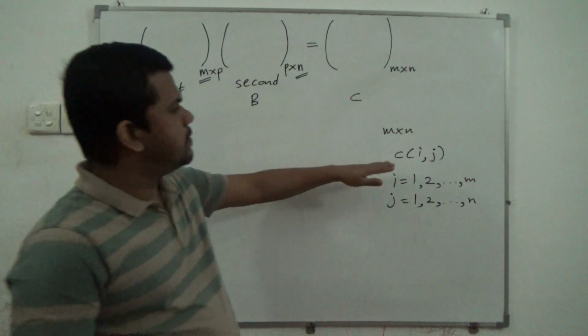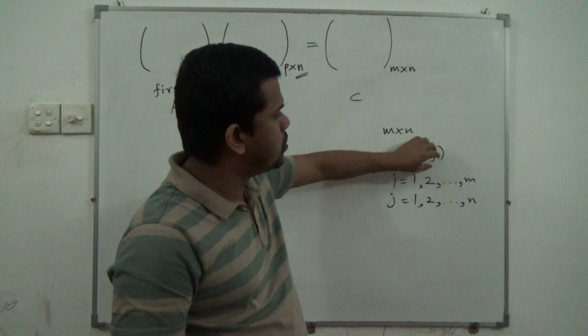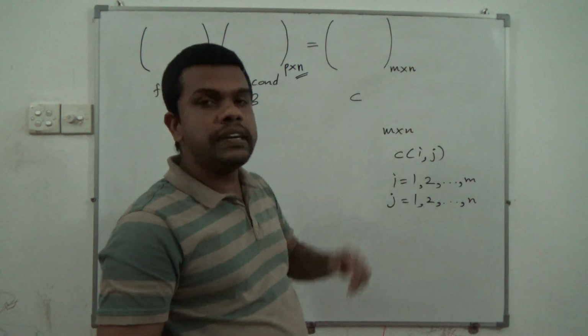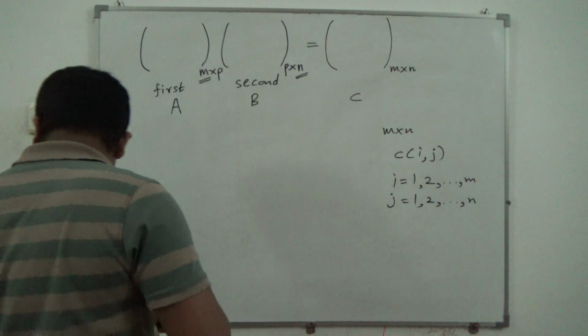Let's try to understand how to compute c i comma j.